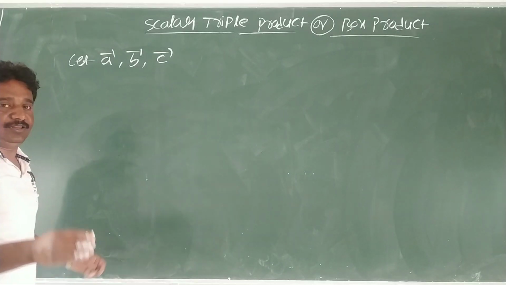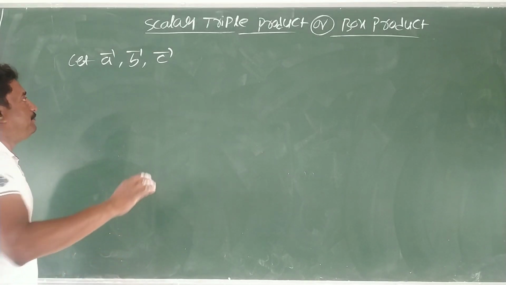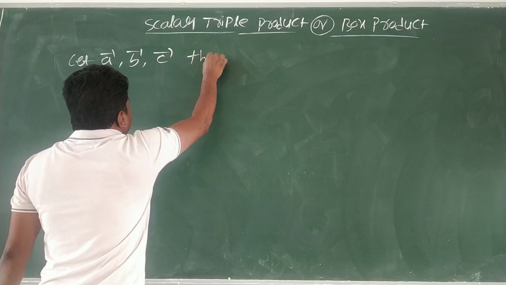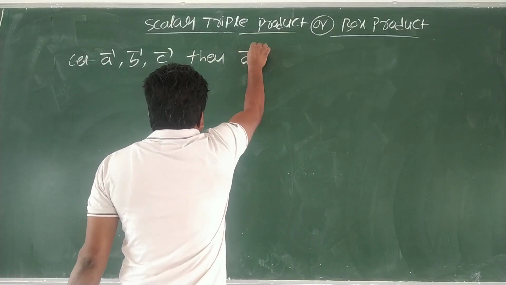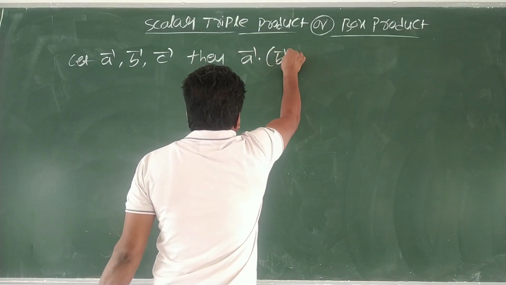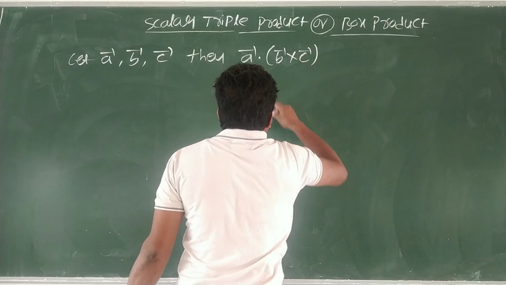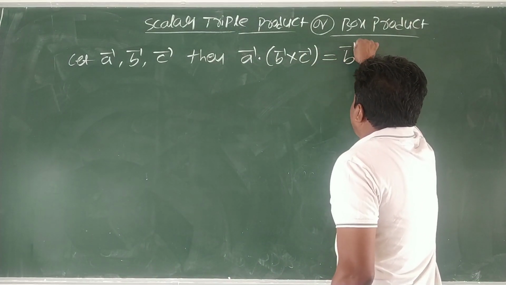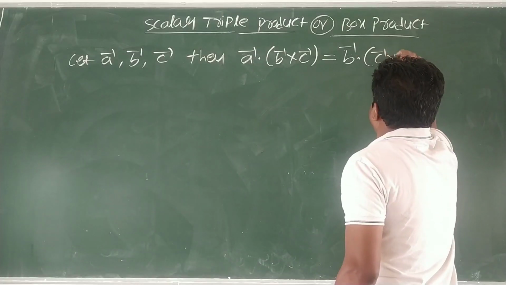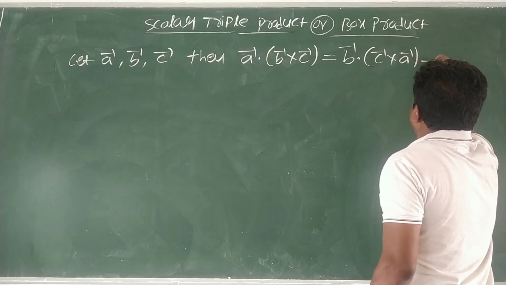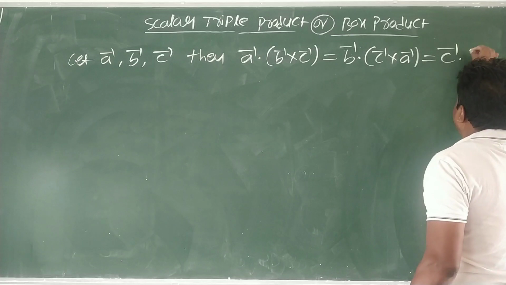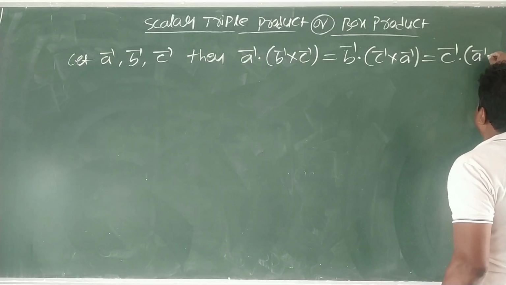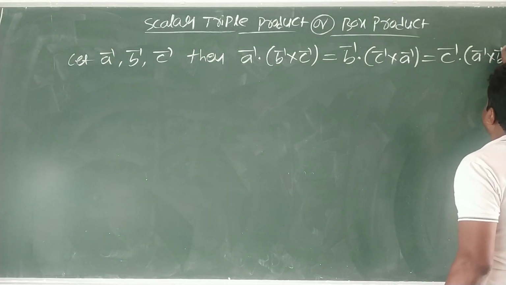Then a product of this type, A dot B cross C, is the same as B dot C cross A, which is the same as C dot A cross B.